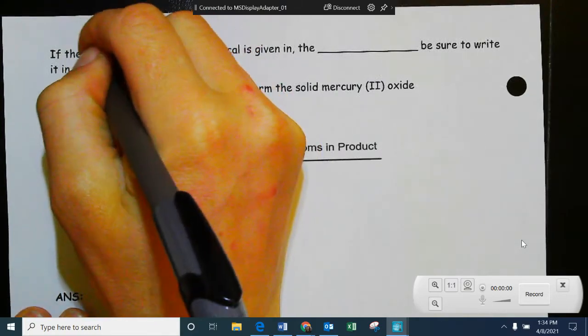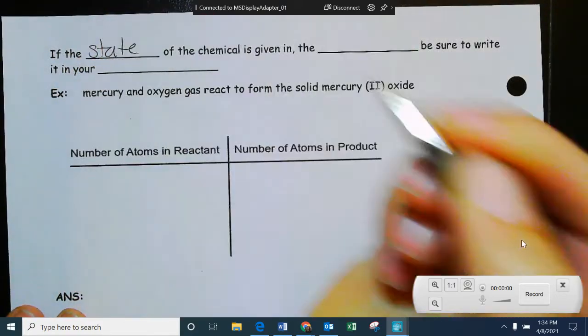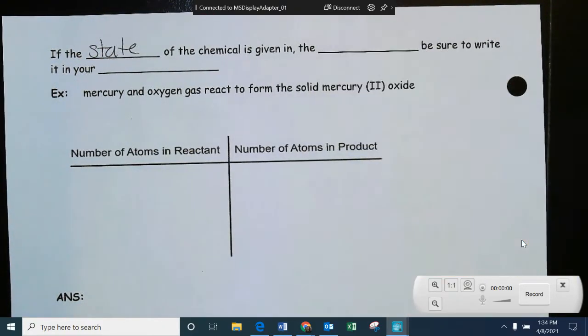If the state or phase of a chemical is given, oh, did everybody get that? Oh, sorry.